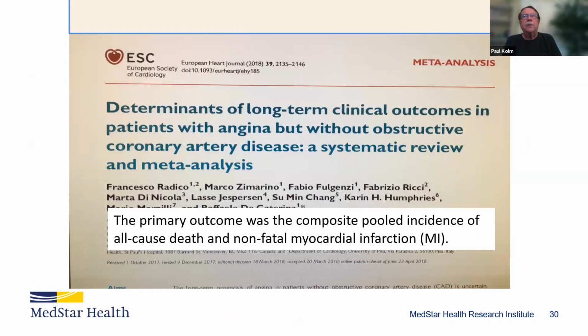Okay, and then finally, I want to look at a study that looks at patients with angina but without obstructive coronary artery disease. I've just pulled out some of the important parts of this. The primary outcome was the composite of all-cause mortality and non-fatal MI.